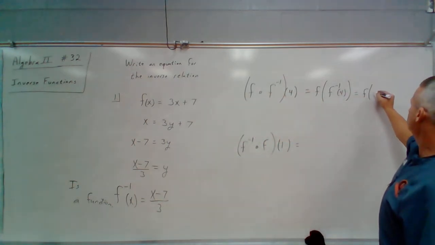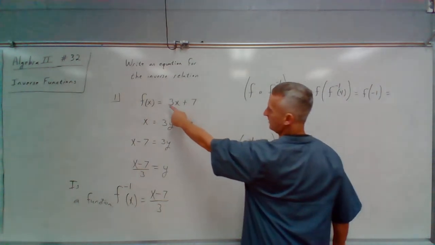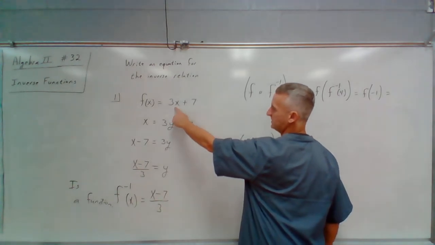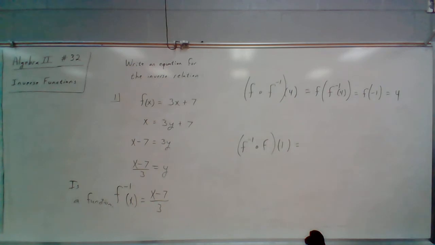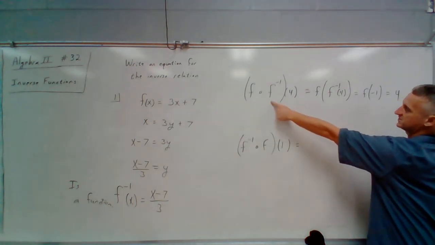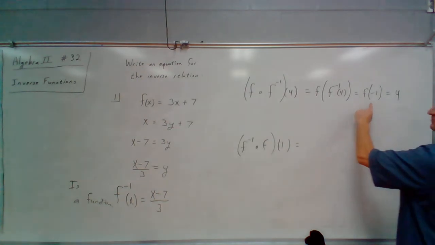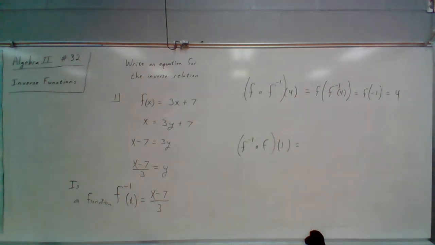So that becomes f of -1. If I plug -1 into f, 3 times -1 is -3. -3 plus 7 is 4. So we started with a 4, we fed it into the inverse function, it spit out a -1, plug the -1 into f, and we got back to 4 again.